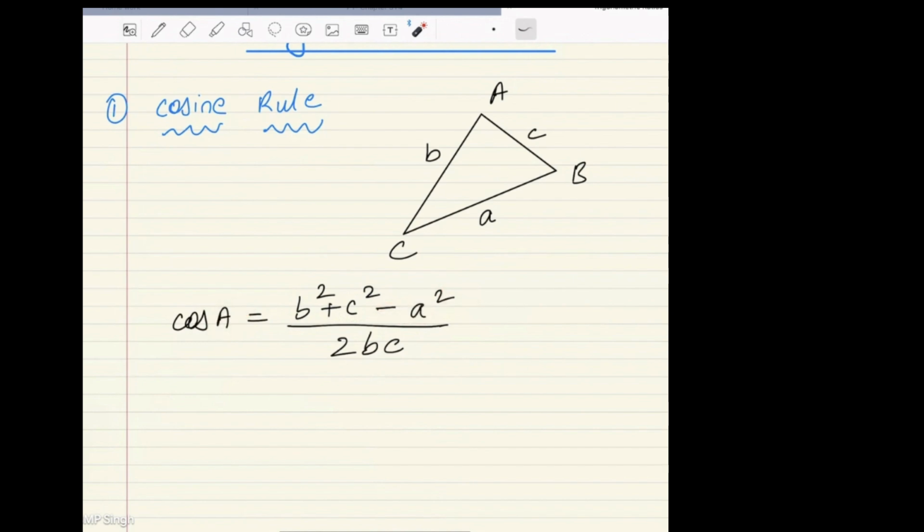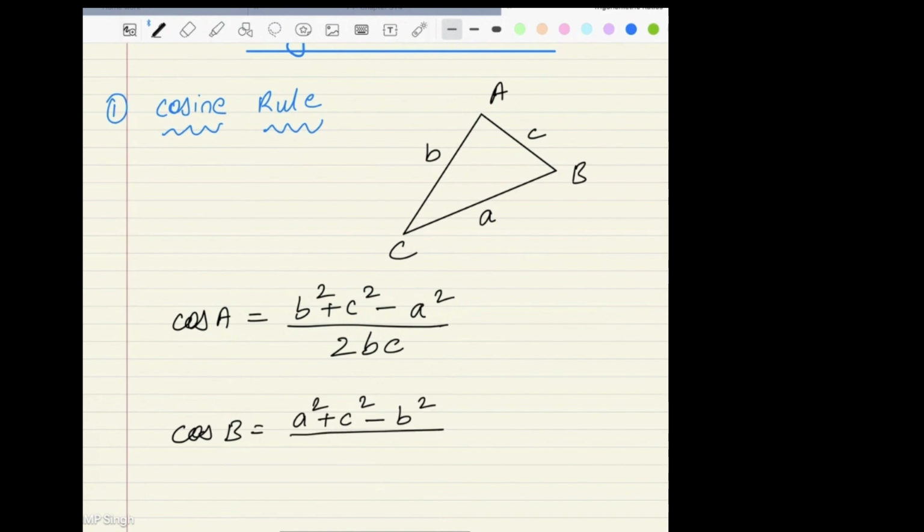Make sense? Now, if you talk about cos B, remember the formula will change. So the formula for cos B will be, we will not take the b side. We will take first of all a squared plus c squared minus b squared.